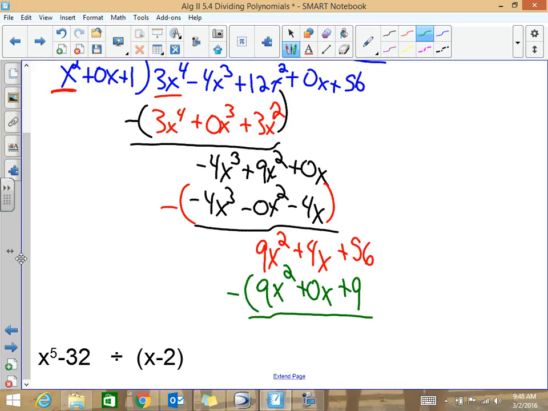Now we subtract. So 9x squared minus 9x squared is 0. 4x minus 0x is 4x. 56 minus 9 is what? 47. Positive 47.